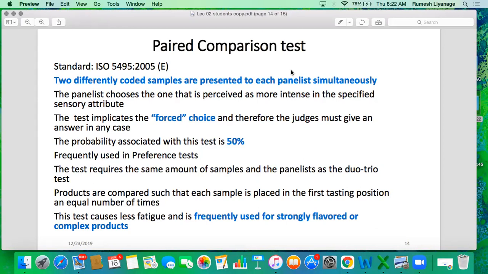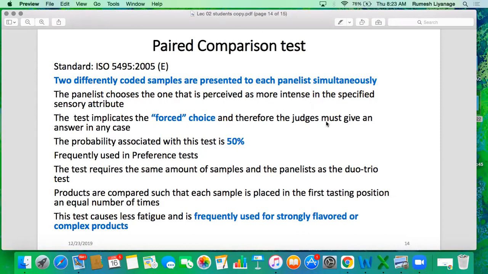Initially, as an example, there are 2 samples, A and B. Then we present A and B and ask the panel members to select. Suppose most of them have selected A. Then we are going to compare it with C. Then A and C. Ask the panel again to select. Right? Likewise, we can repeat this one.